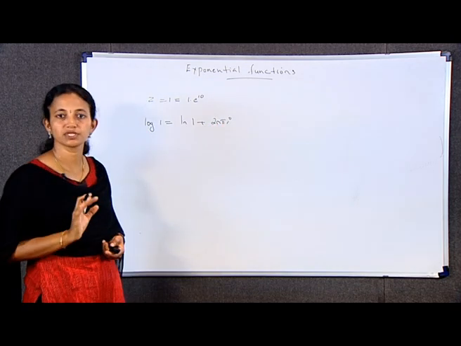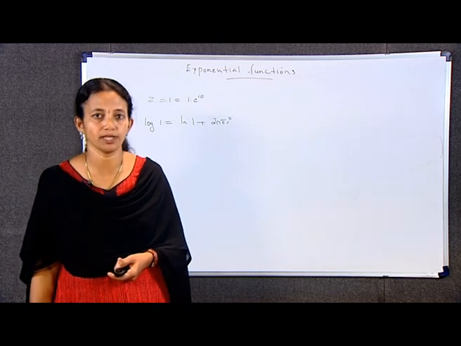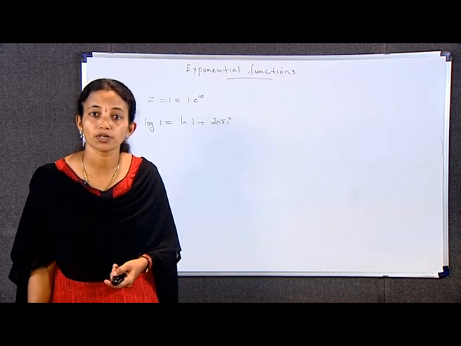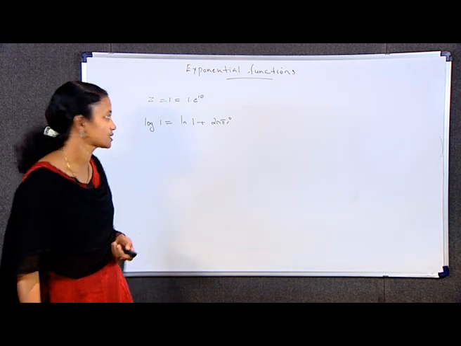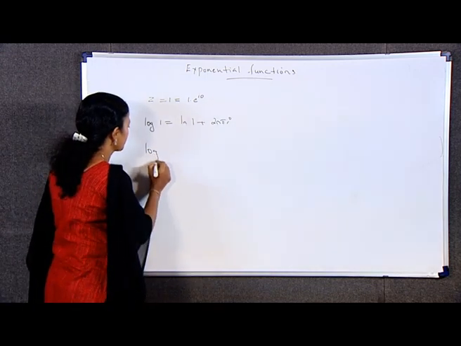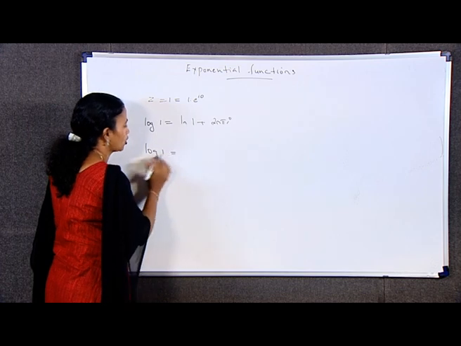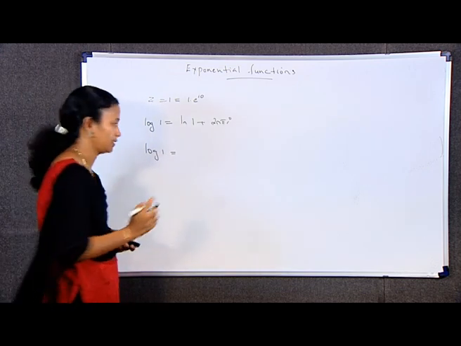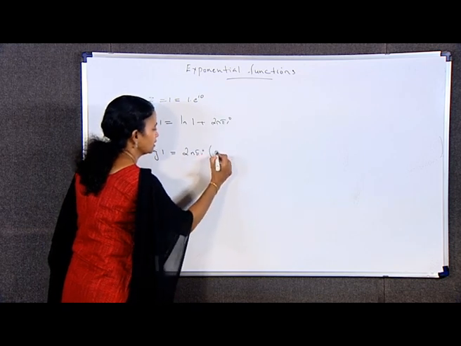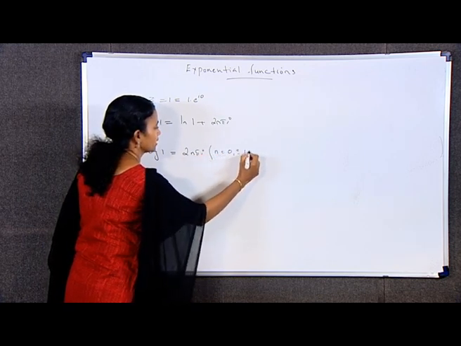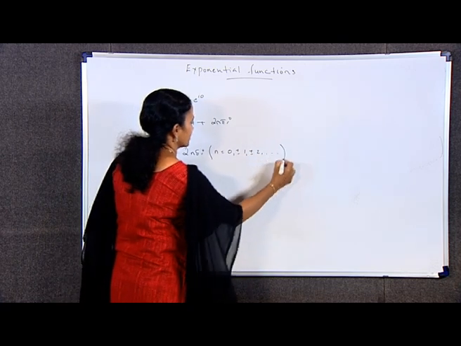This n varies from 0, plus or minus 1, plus or minus 2, etc. Being the natural logarithm of 1, ln 1 is equal to 0. Hence the above implies log 1 is equal to 2n pi i, of course with n equal to 0, plus or minus 1, plus or minus 2, etc.